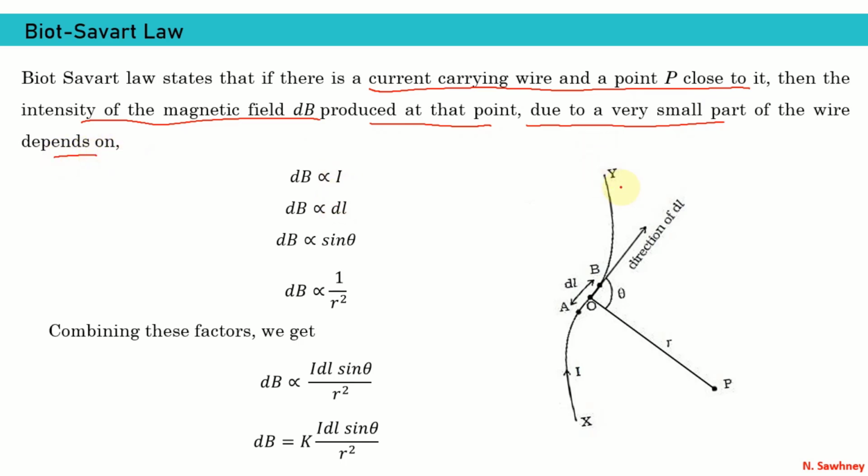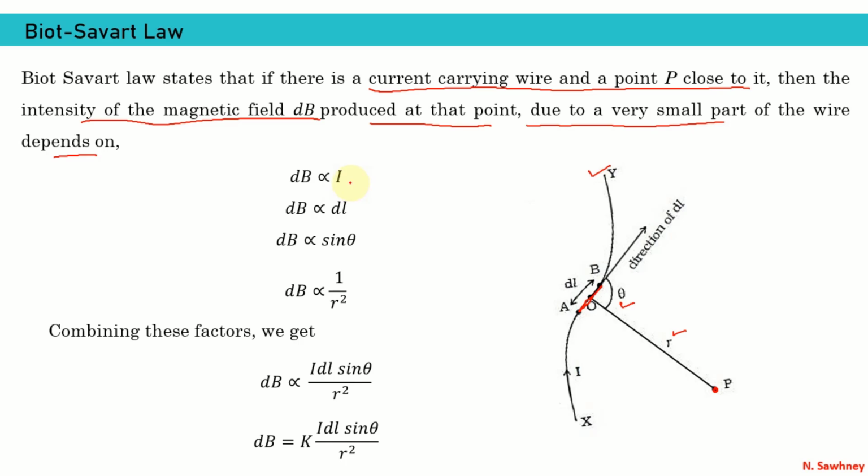See from the figure, there is a current carrying wire XY and we have considered a small elemental length, that is of length dl, and a point P is considered at a distance r from this elemental length. The smaller angle which this elemental length is making with the position vector r is theta.